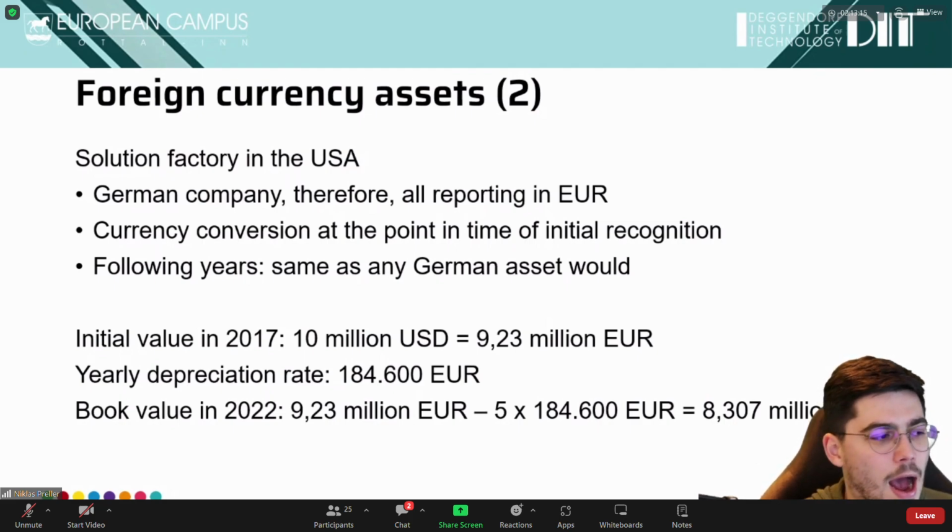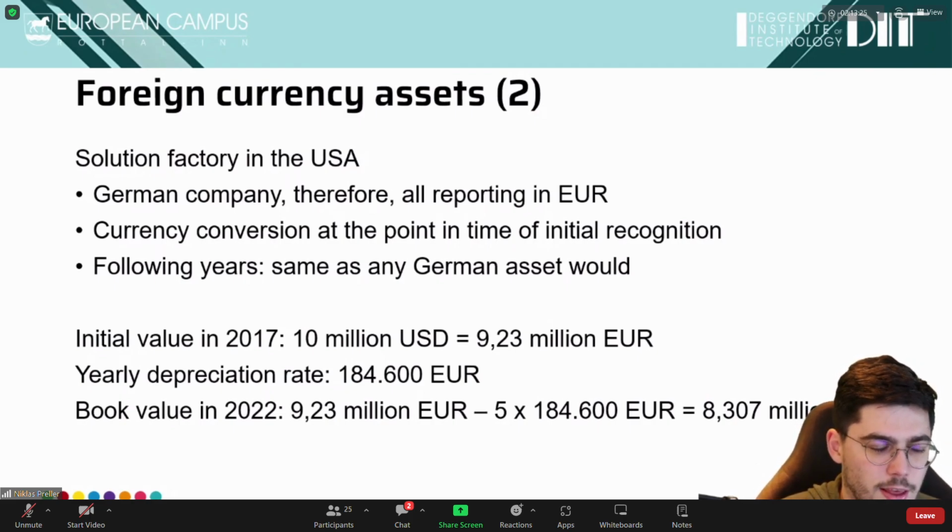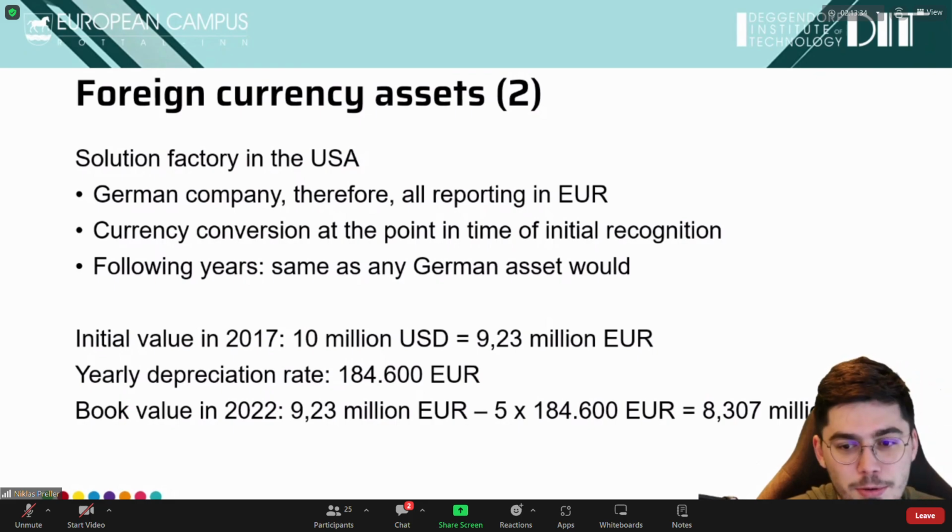There are exceptions, however. Like you said, there are countries with inflation rates over 50-60% on their currency, and that is a whole different story. There's actually a separate IAS standard dealing with inflation for assets and all other aspects and transactions.